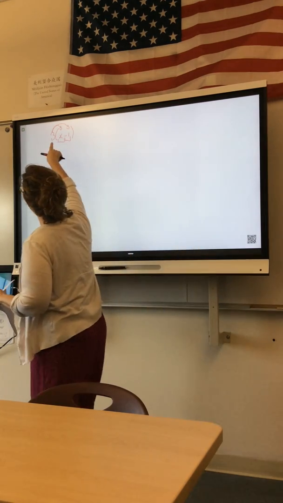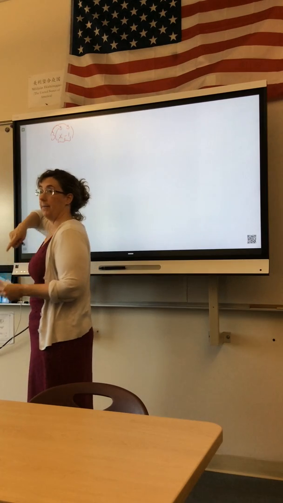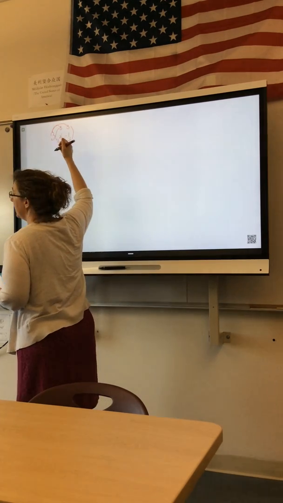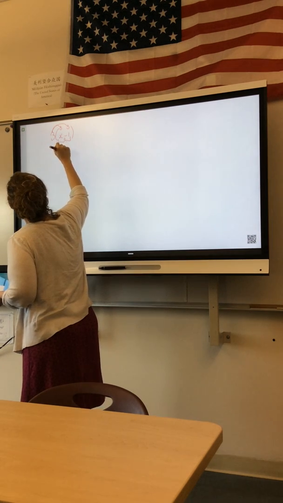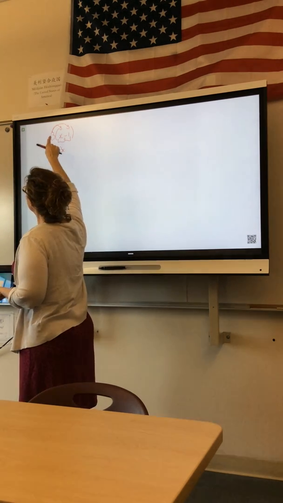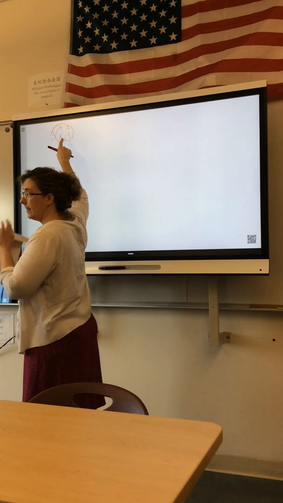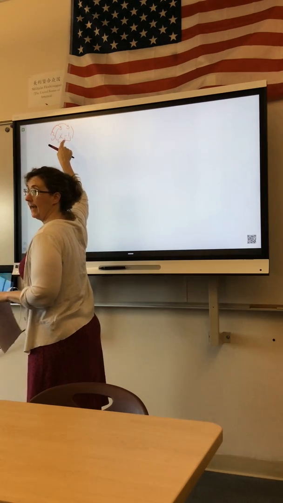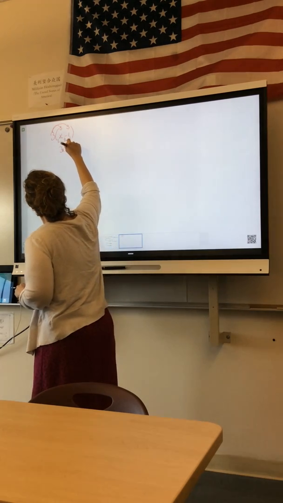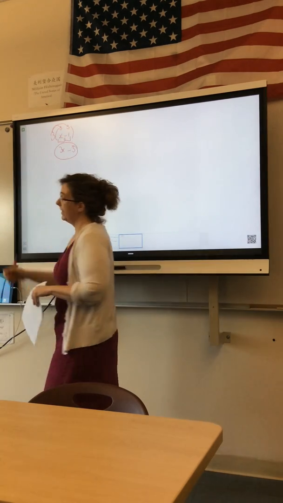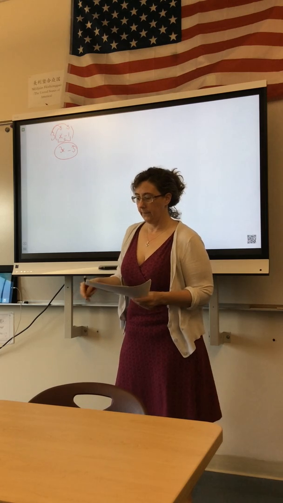So 3 doesn't have anything in front of it, so it's going to be a positive. Positive 3 times a positive x gives me 3x. Positive 3 times a negative 1 becomes a negative 3. And that's my answer, 3x minus 3.